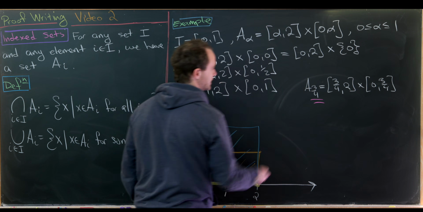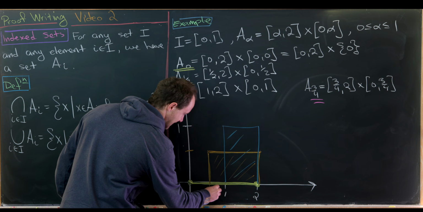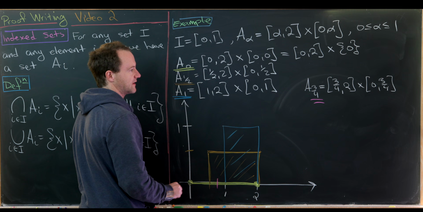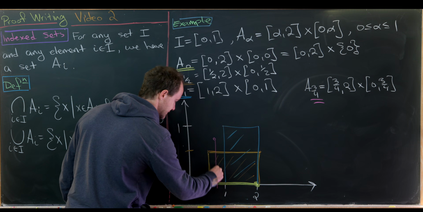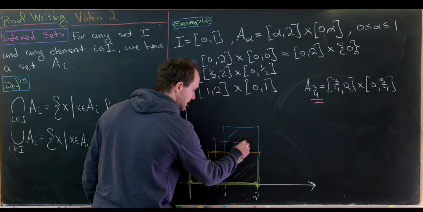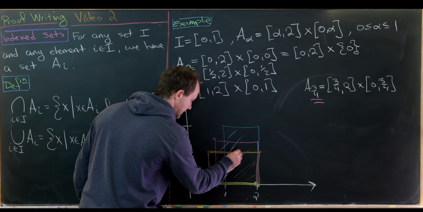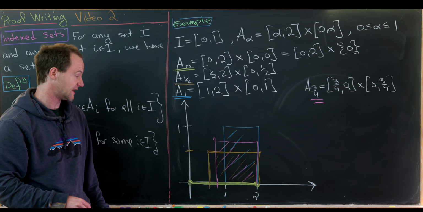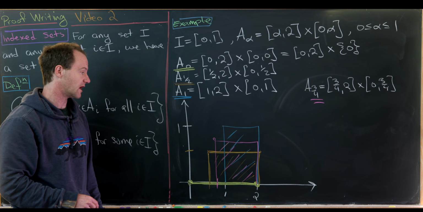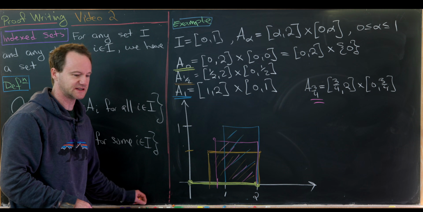Between 3/4 and 2, those are our x values. So 3/4 is about there, and 0 to 3/4 are all of our y values. So we've got a rectangle that looks something like this. Okay, nice. I'd say it'd be a nice exercise to play around with this some more. I think this makes some nice pictures.